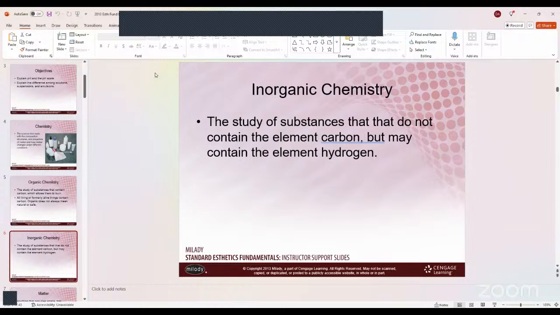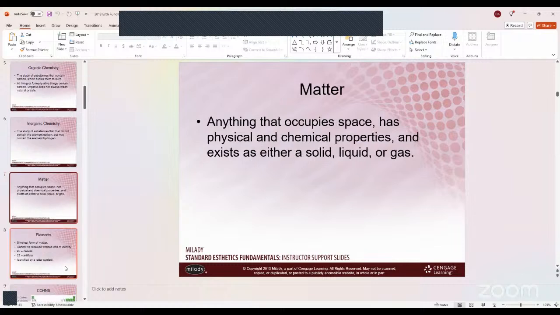So hydrogen is going to be a major part of aesthetics, especially day spa aesthetics. Carbon allows something to burn, and we want the opposite, but it may contain the element hydrogen. That's something we can look for on our study guides.